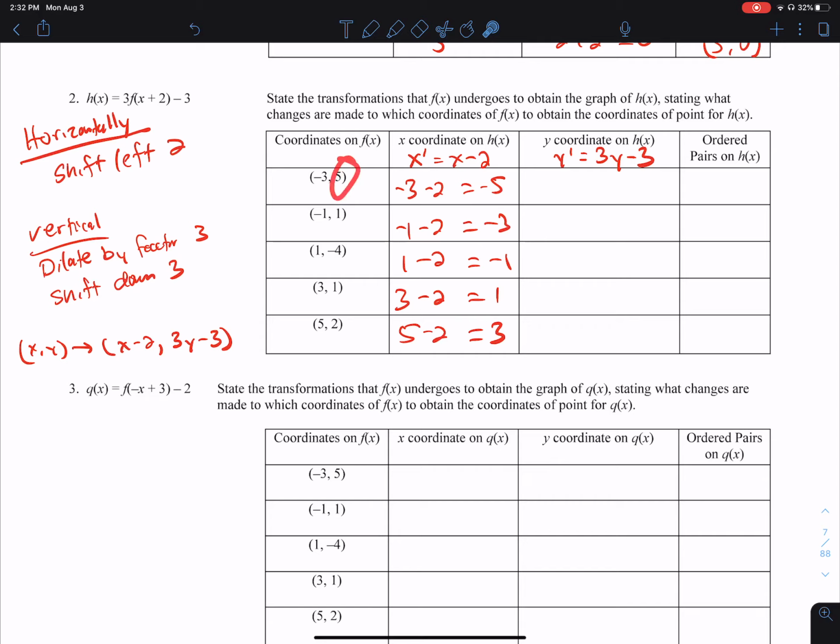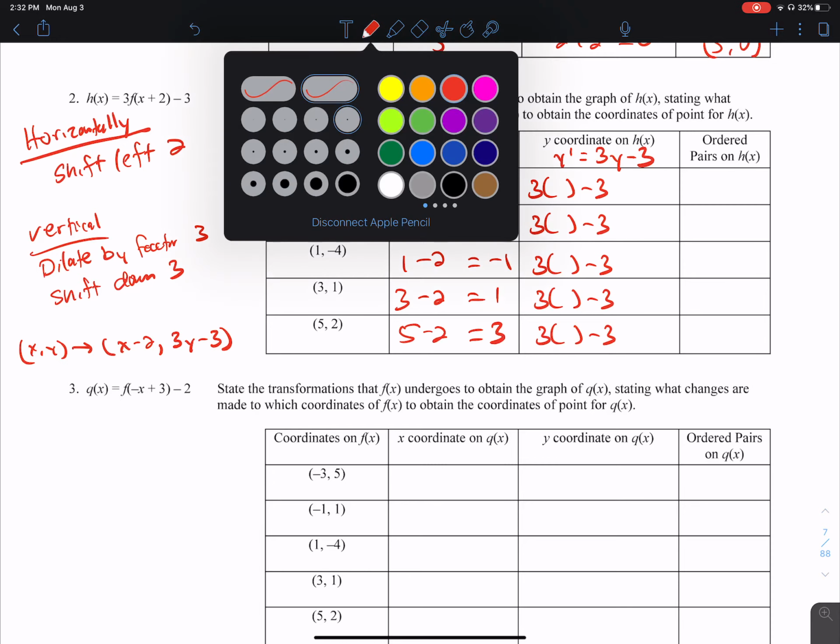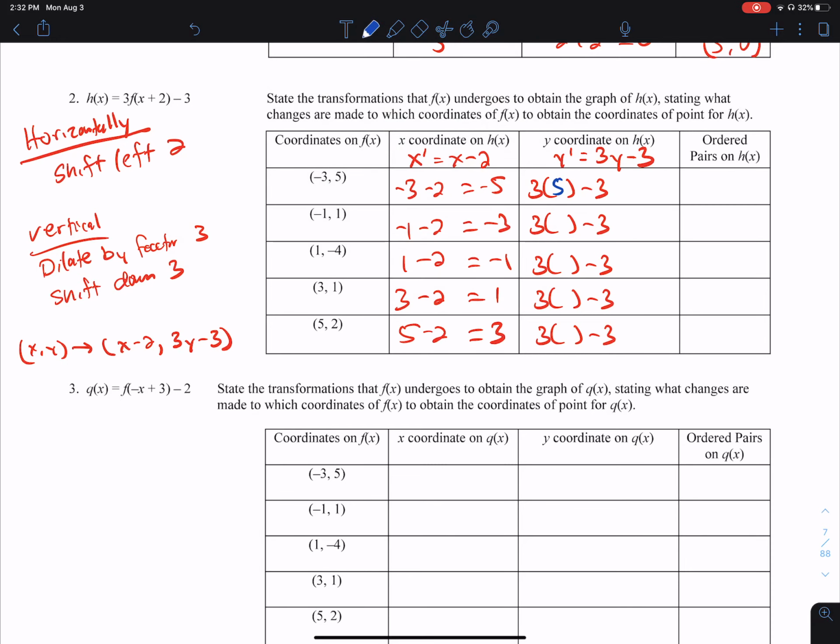So in each case, I'm going to have 3 times the y value minus 3. I'm just going to cheat my way through this because that's what I do. That's how I was raised, if you know what I'm saying. And then I'm going to put these y values in here: 5, 1, -4, 1, and 2.